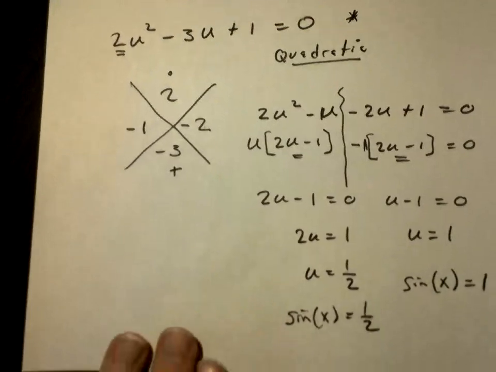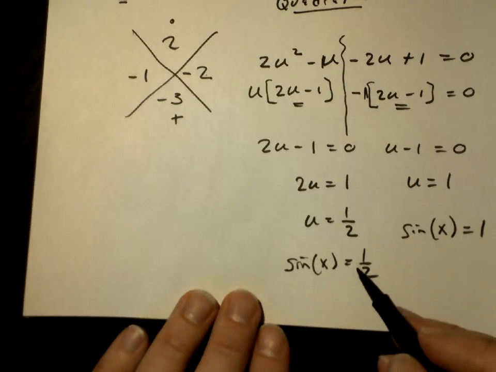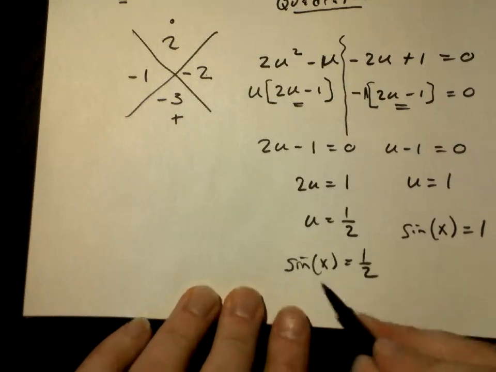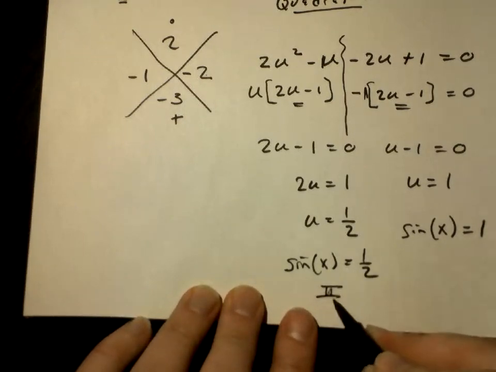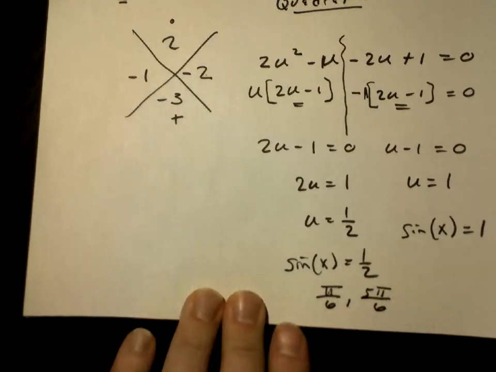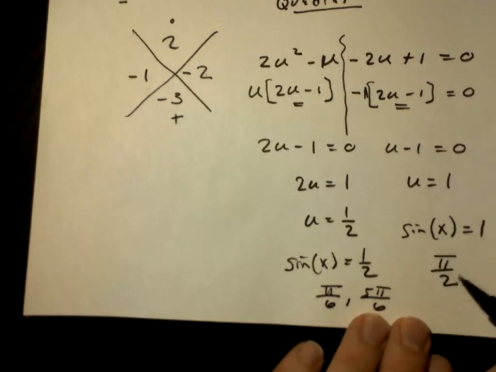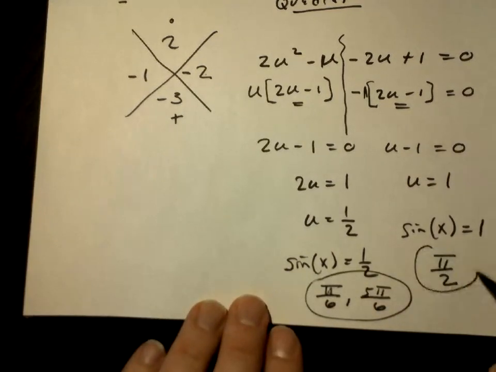So what are you going to do? Well, here's how you would play this out if I didn't give you a restriction. Let's do this real quick though. 1/2, I do believe it's going to be pi over 6 and 5 pi over 6. And this one, I do believe it's pi over 2.